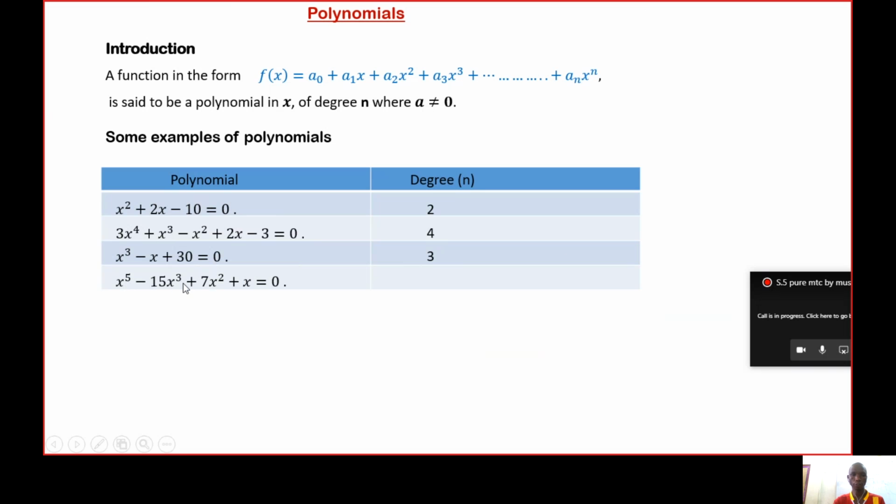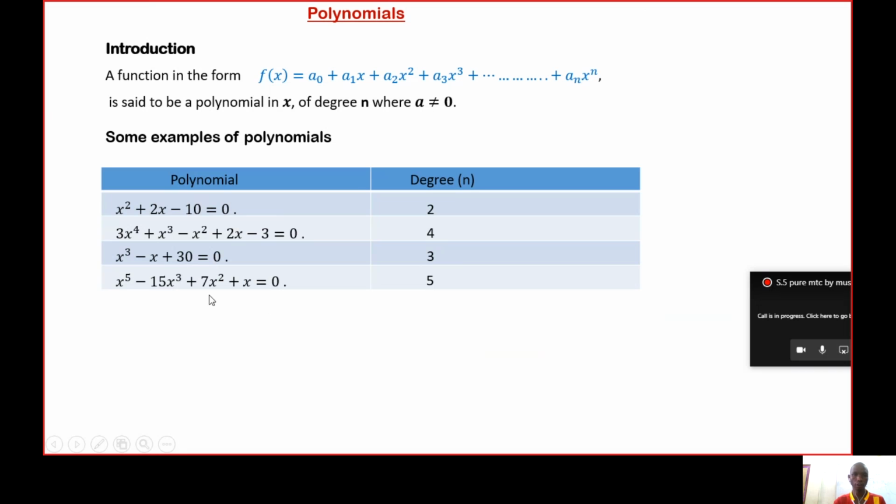Now, let us also look at the first one. x^5 - 15x^3 + 7x^2 + x = 0. So this one is of degree 5. So that is how we can write down the degree of a polynomial.